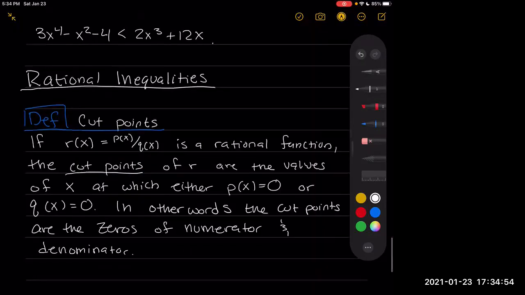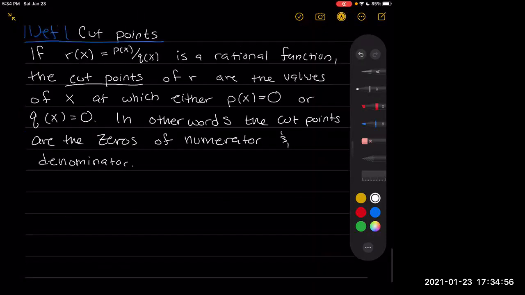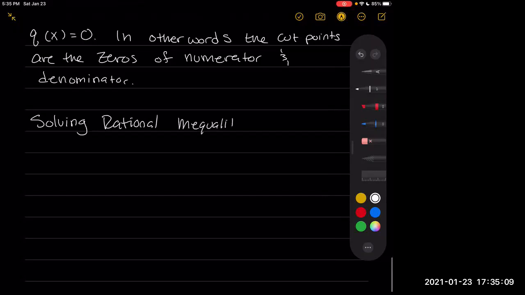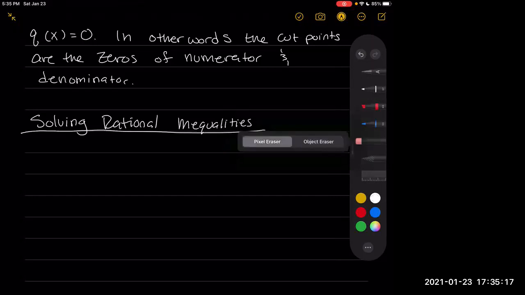All right, so now I'm going to talk through the procedure of solving rational inequalities. There we go. Okay, so, oops, dropped my pen. 1.